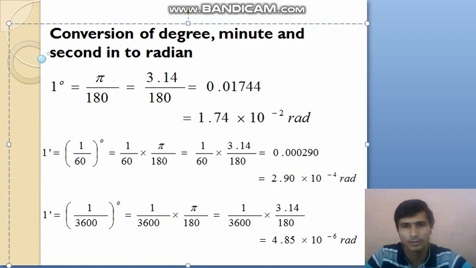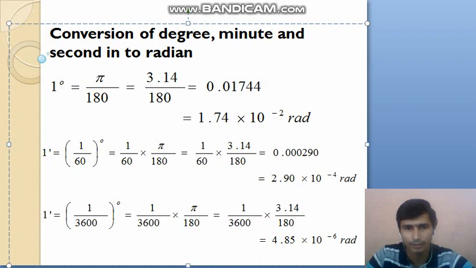Now we convert degree, minute and second into radian in this way also. Suppose we consider 1 degree is equal to pi by 180, replacing the value of pi with 3.14 divided by 180, we get an answer 0.01744, which is 1.74 into 10 raised to the power minus 2 radian.